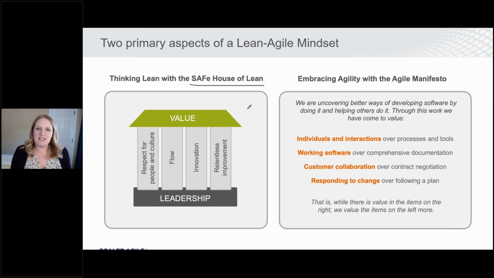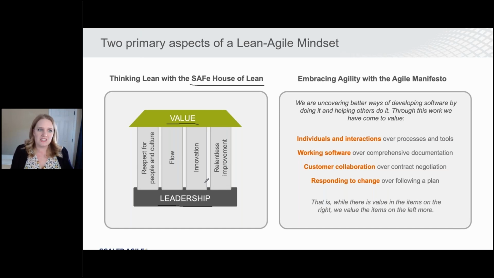But this House of Lean is a metaphor for how we need to think. Value is the roof. That's our overarching goal. We always need to be thinking about what value we are delivering to our customers. Leadership is the foundation. The most important thing to achieving that organizational agility is strong leadership buy-in, strong leadership support.